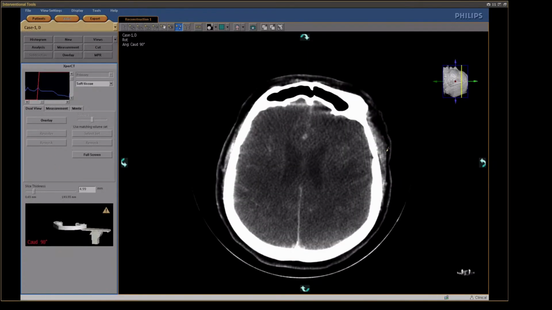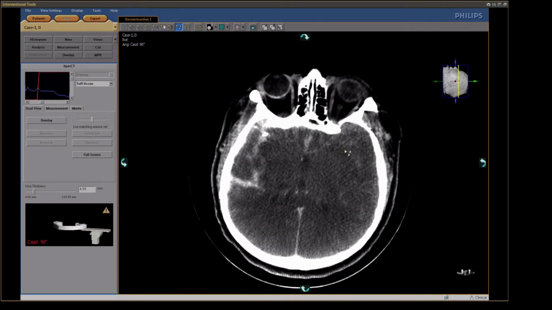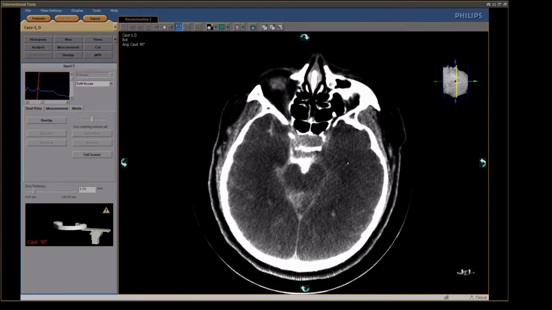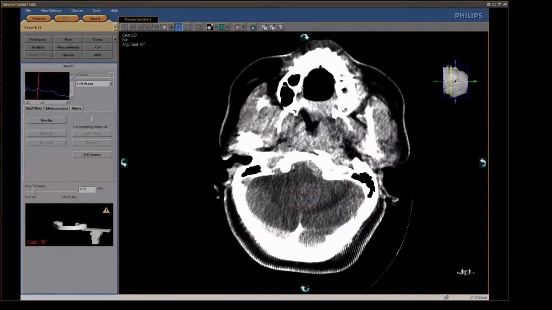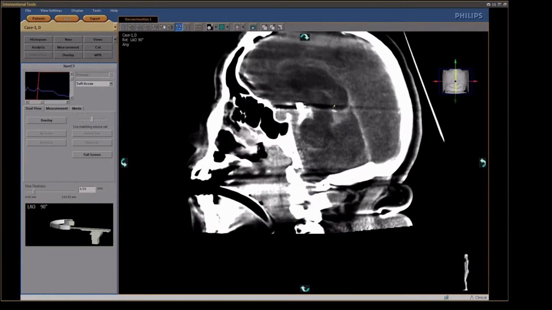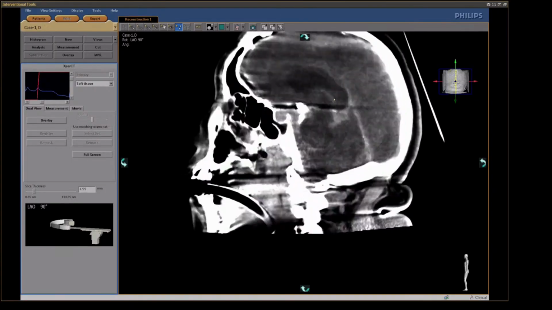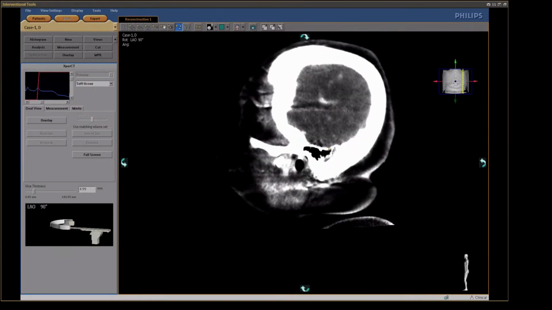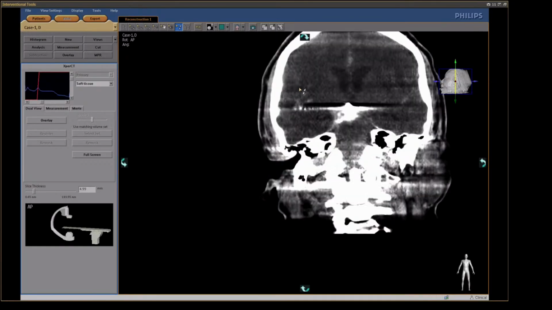Yes, there is some subarachnoid blood. This blood, the half is contrast. Okay. Let's check in frontal. Yes, it's subarachnoid. But it's not increasing, that's why I hope patient will be okay.